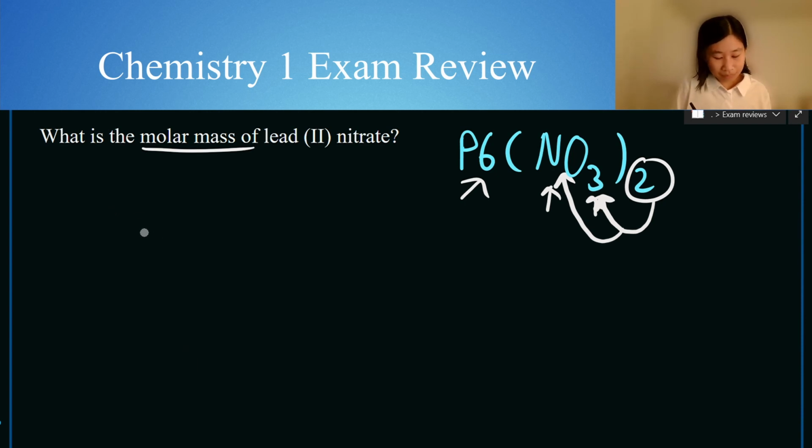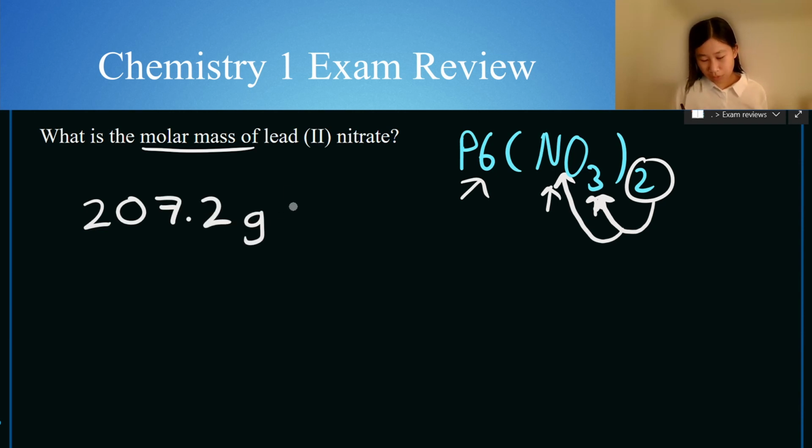Let's do this. Lead, look in the periodic table. Lead is going to have 207.2 grams per mole. Then we're going to add up 2 nitrogens. 1 nitrogen has 14.01, multiplied by 2, which is equal to 28.02.